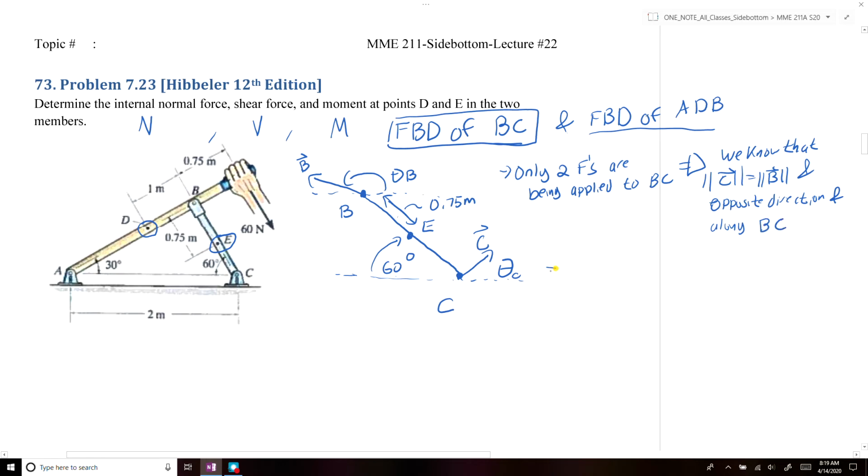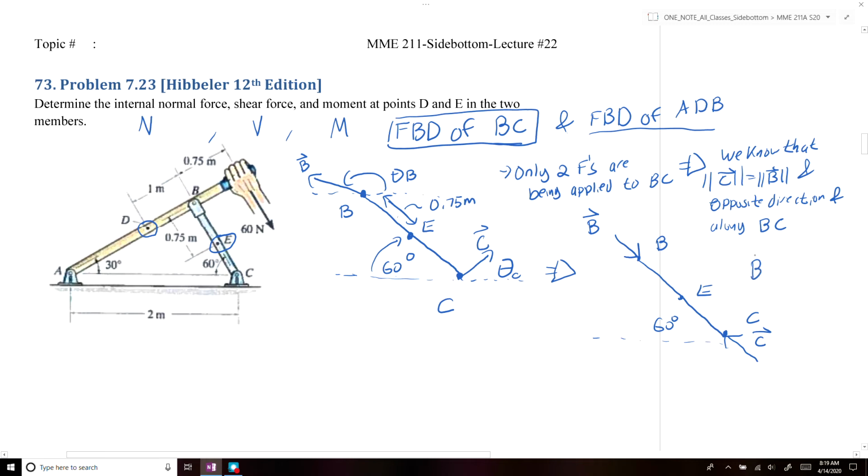So from this information, what we're going to do here is simplify this down to being force B and force C. Alright, they're going to go equal and opposite.